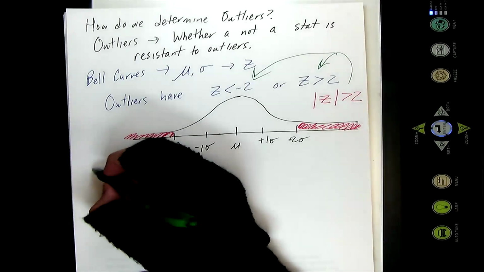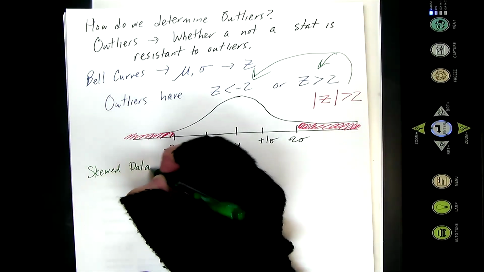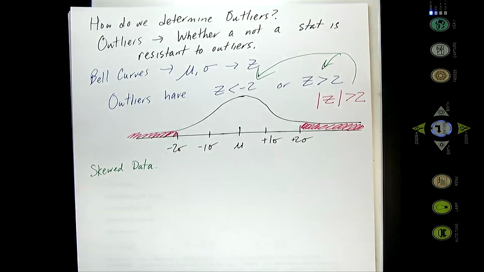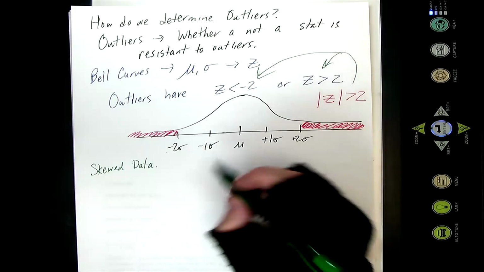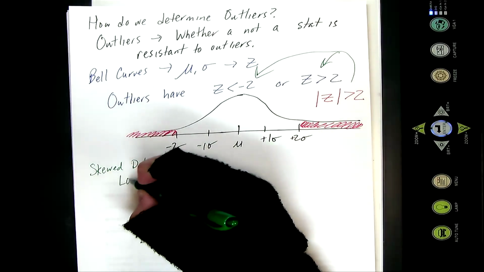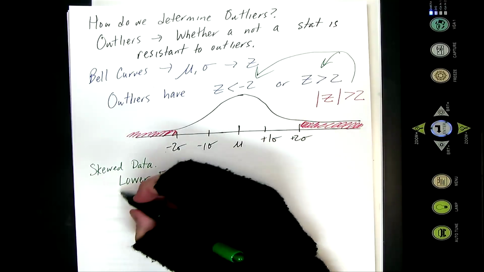Skew data is different. Sometimes data sets have outliers, sometimes they don't. So the way they decide it is based on the following. They have a lower fence and an upper fence.